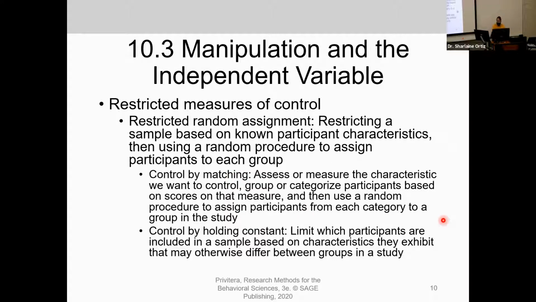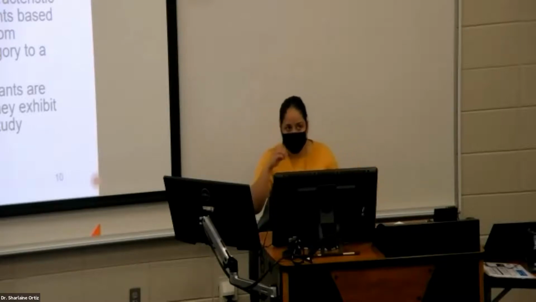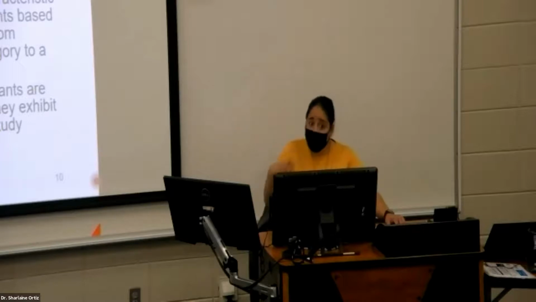When I'm looking into control by matching, what I am trying to do is measure, or assess, a characteristic that we can and we want to control. Say, for instance, I have identified, based on a particular score, that this group of individuals scored really high on that substance abuse scale. Maybe I want to assign these individuals to that residential inpatient treatment. Maybe I do want to do that particular assignment.